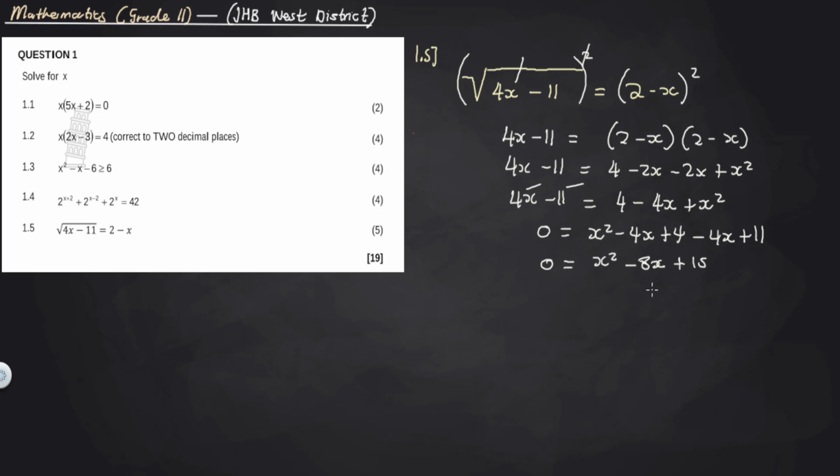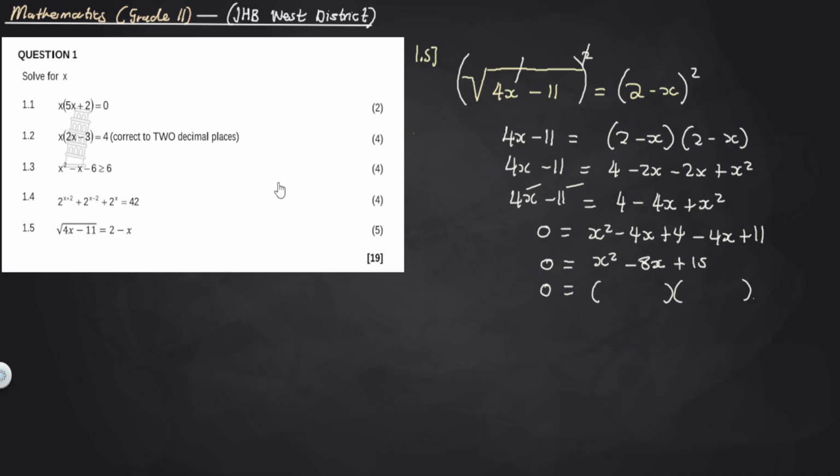Fascinating. 0 equal to, I think for this one, the best course of action would be to go the factorizing route. With simultaneous equations, sad equations, you will see you have to simplify.